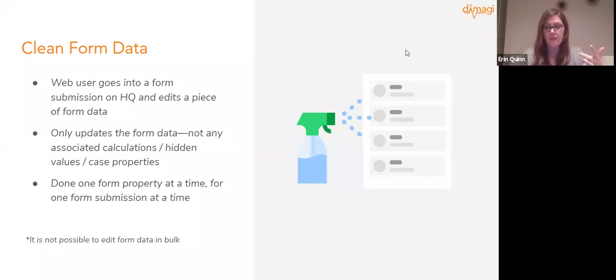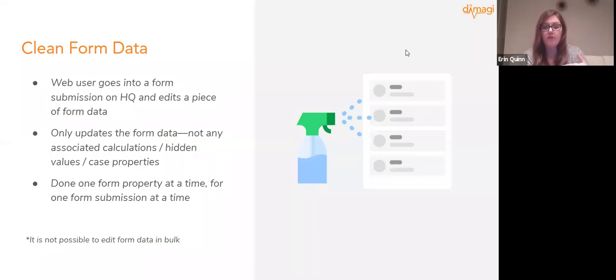So that's just something to keep in mind. We have an example situation like this where I'm going to show you what it looks like, but it does take a very high degree of familiarity with the application to make sure that when you're cleaning form data, you're cleaning all the right parts, so that you're not only cleaning the question that they put in wrong, but also any associated hidden values or case properties.